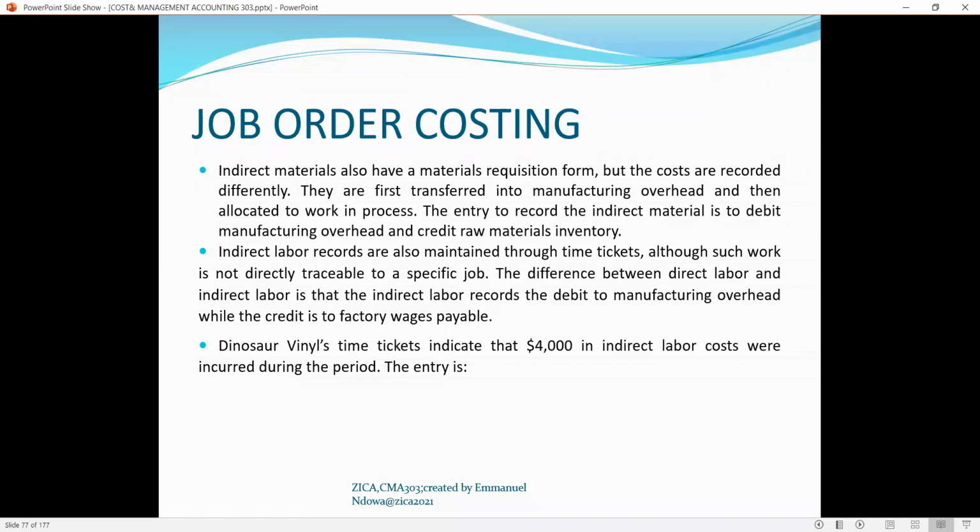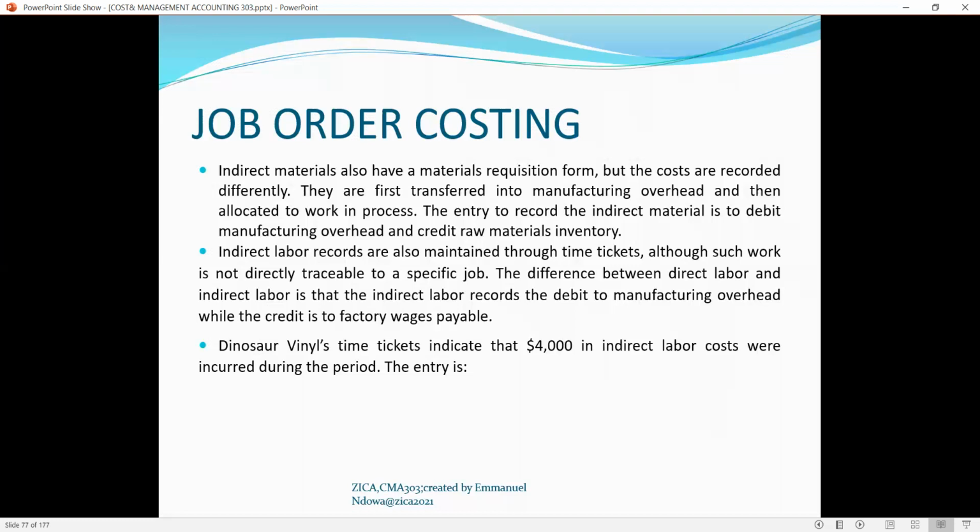The direct materials went straight from the warehouse to the work in process account. But when we are dealing with the indirect materials, first of all, the warehouse credits the material account, and the account that is going to receive the indirect materials is the manufacturing overhead account.